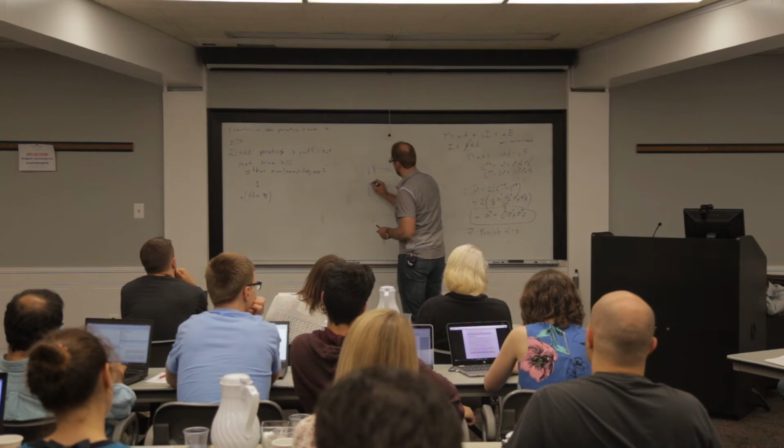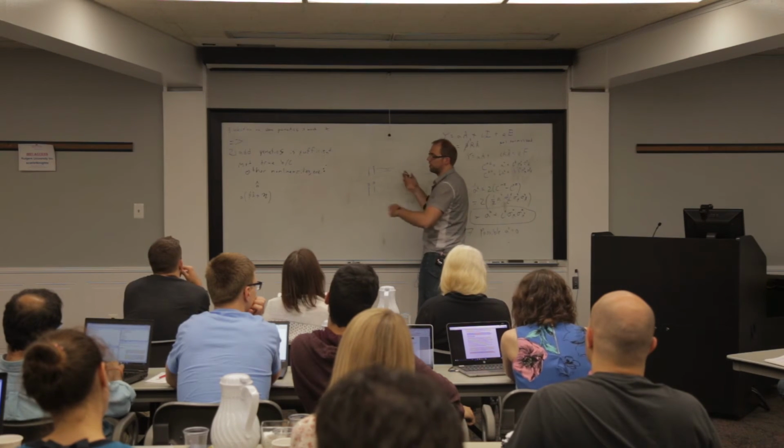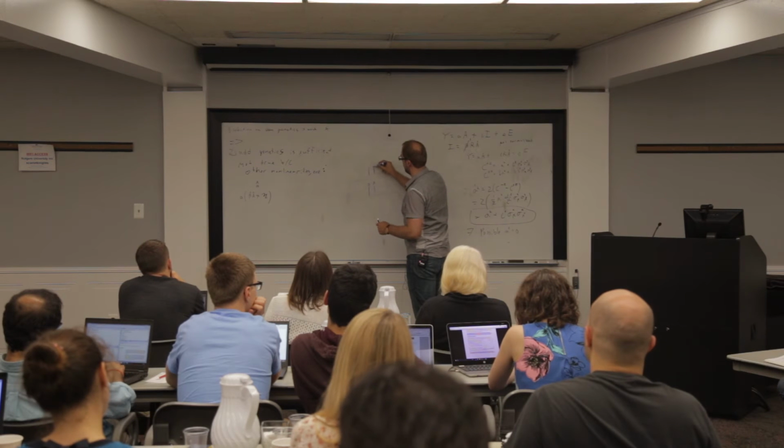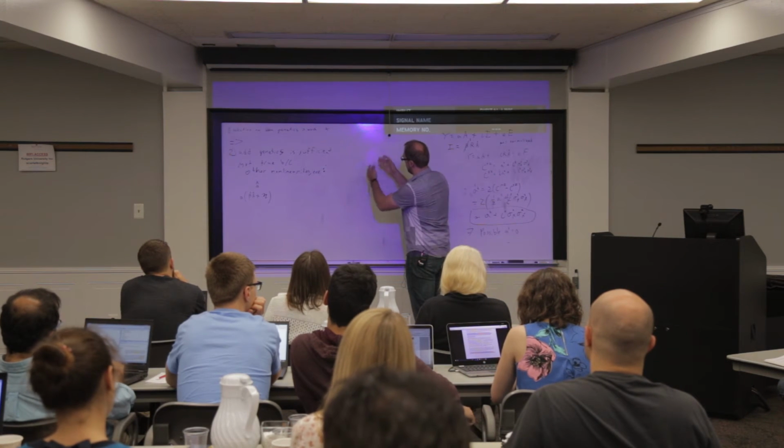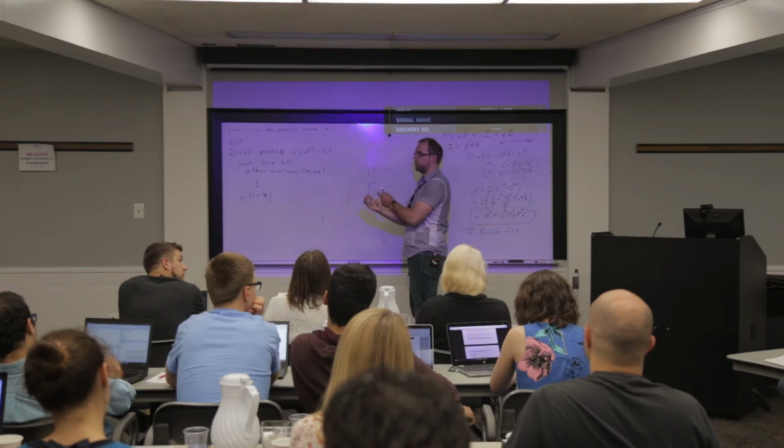So B is here and A is here. It means that the region gets cut out and the orientation just gets reversed.